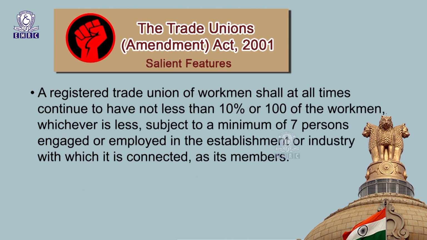A registered trade union of workmen shall at all times continue to have not less than 10% or 100 of the workmen, whichever is less, subject to a minimum of 7 persons engaged or employed in the establishment or industry with which it is connected as its members.